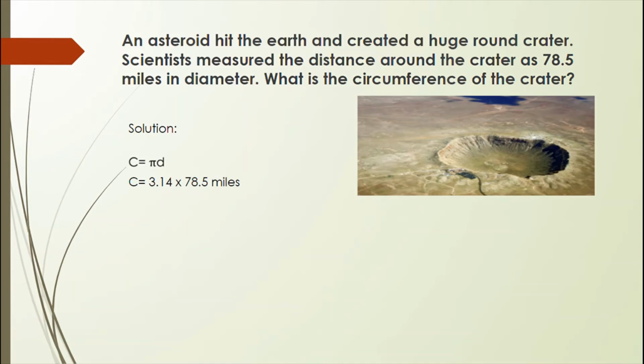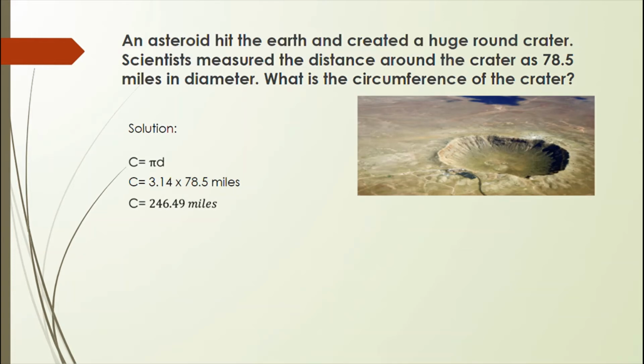Circumference is equal to the value of pi, which is 3.14, multiplied by the diameter of the crater, which is 78.5 miles. So 3.14 times 78.5, we got the answer of 246.49 miles.